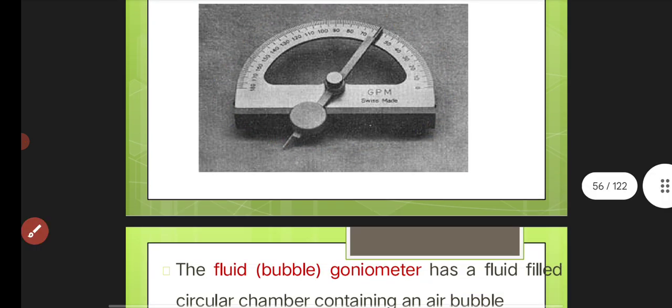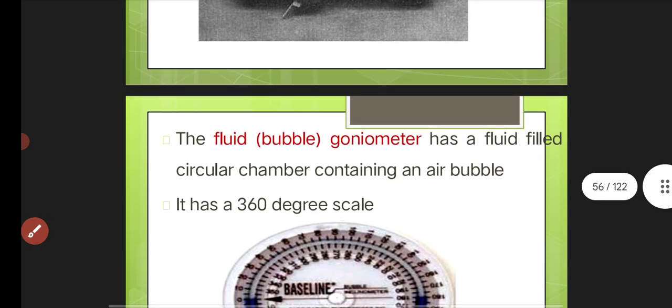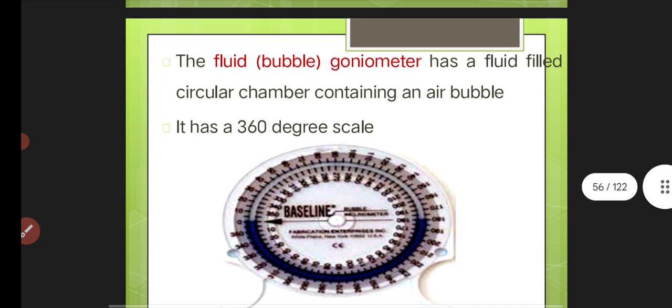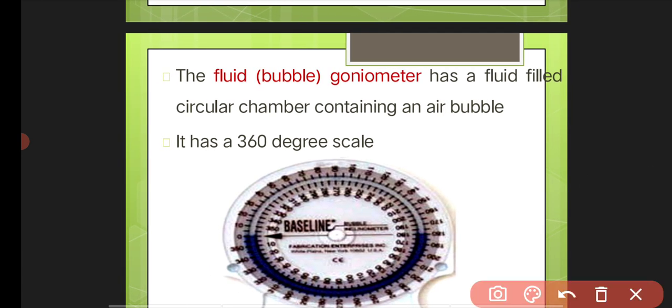A fluid or bubble goniometer has a fluid-filled circular chamber containing an air bubble. It has a 360-degree scale.